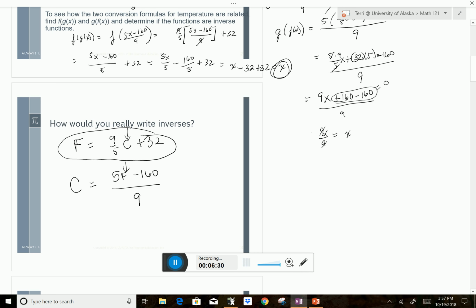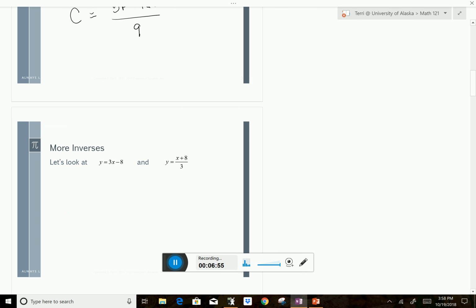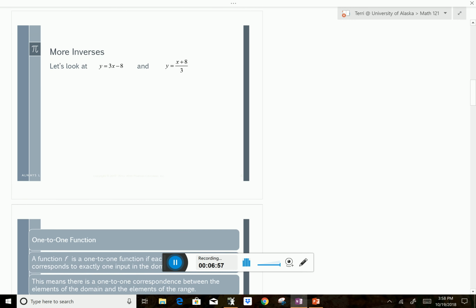I would write them as the Celsius temperature and the Fahrenheit temperature. I wouldn't use x for the Celsius and x for the Fahrenheit temperature. That's as confusing as heck. So normally I would really write inverses like this. But of course, they wouldn't graph correctly if I did that. But if I put them both in terms of x and change that variable, then it does. So normally we don't. But let's look at more about inverses. So are these two inverses?